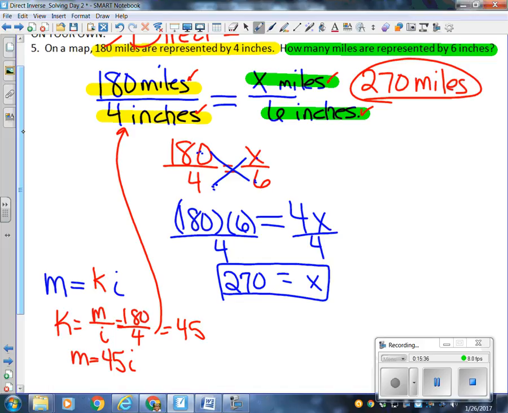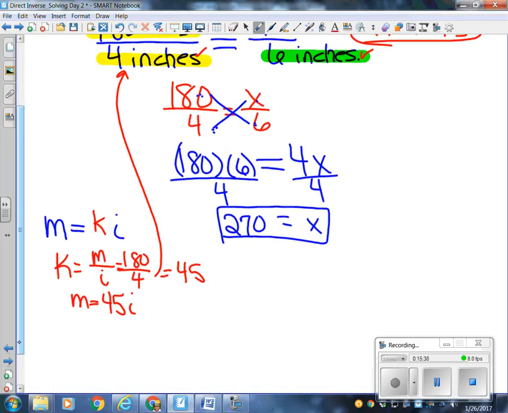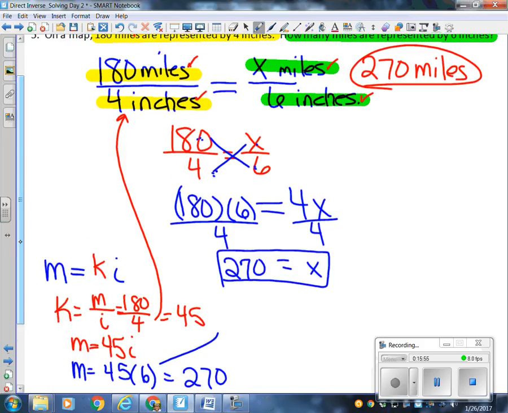Then it says how many miles are represented by 6 inches. So the miles is equal to 45, and then the inches would be 6 times 6. Guess what you turn out to get? 270. Notice that we divided by 4 and times by 6.